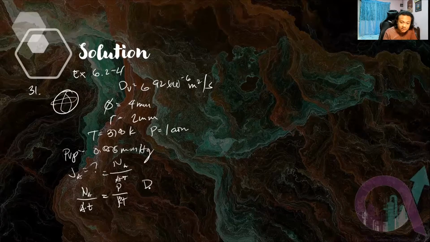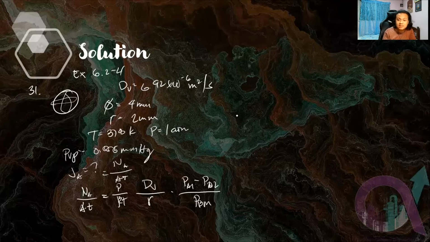RT. So dV. So instead of Z, we use R, or the radius. And then we have this formula, PA1 over PA2 over PBM. PBM is the mean pressure of the other, or of the air, guys. A is naphthalene, B is the air.